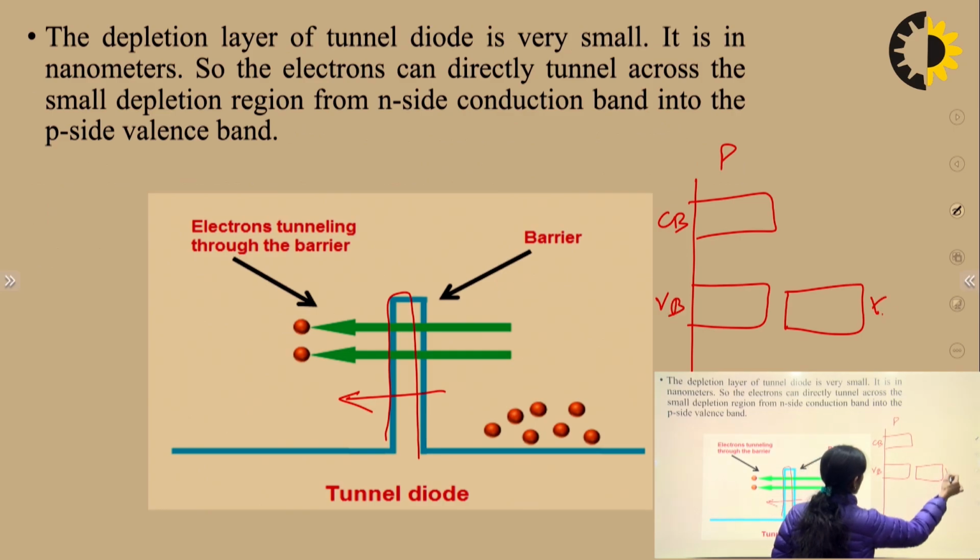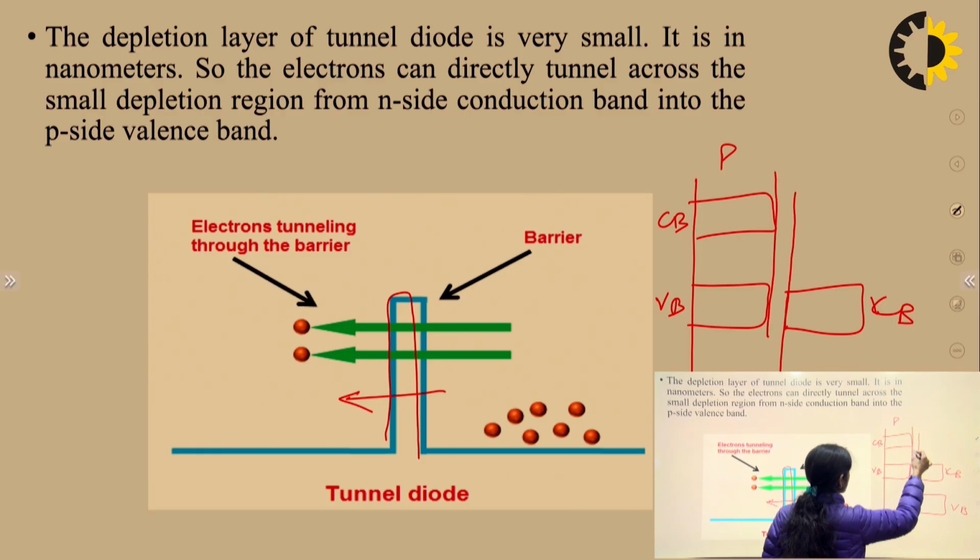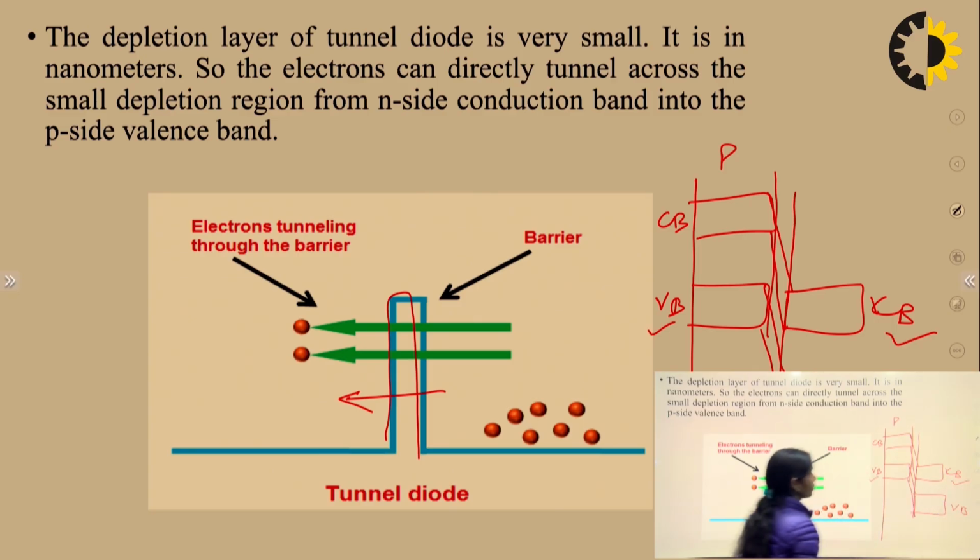In this we can observe the P type, and after the heavy doping, the energy levels are separated in such a way that the conduction band of the N type is aligned with the valence band of the P type.